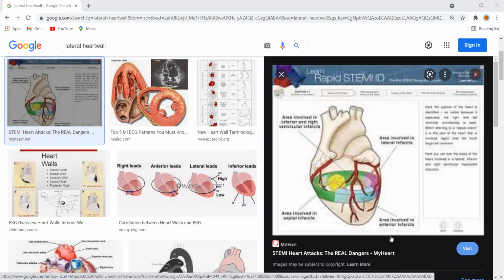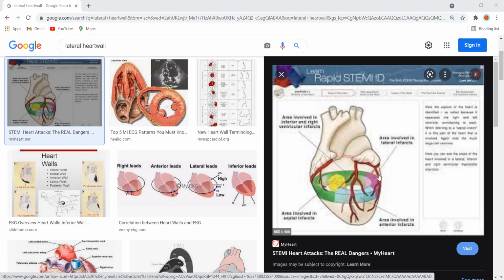So as I have told you, remember that a dead tissue is a depolarized tissue. So this is the lateral wall of the heart. This one on the left side is the lateral wall of the heart. And as an MI has occurred in the lateral wall, it means the myocardial cells in the lateral wall have died.